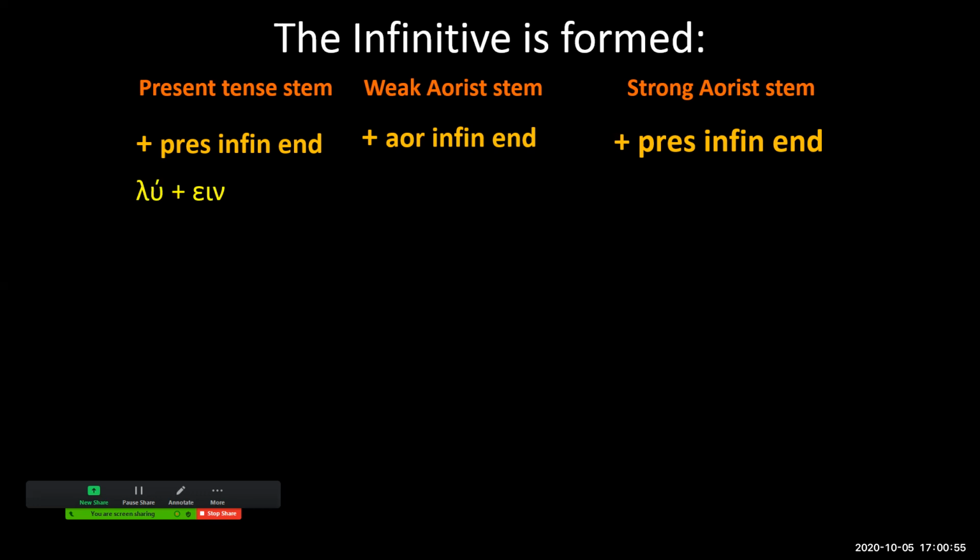So, for example, if we take luo, I loose, but we're going to make the infinitive to loose. The form is the stem lu and the ending ein, epsilon iota nu, luein. That means to loose.